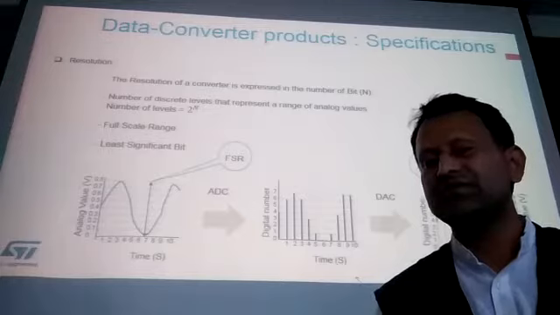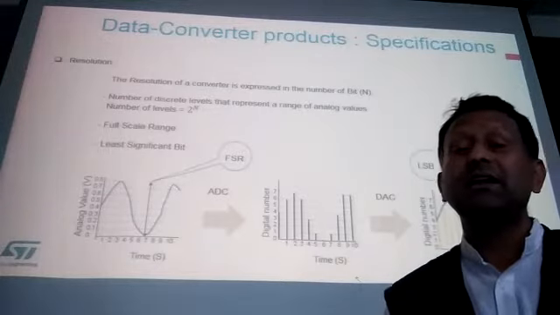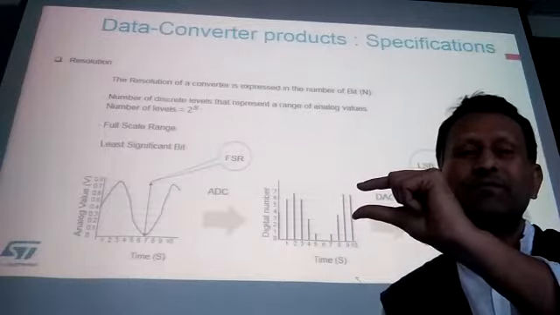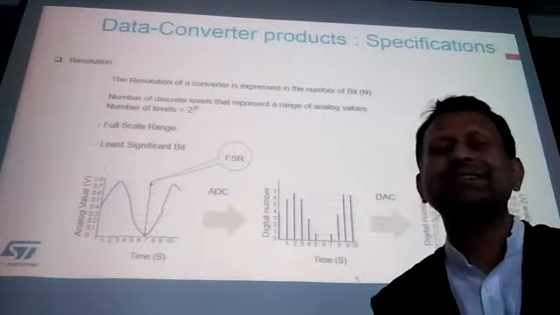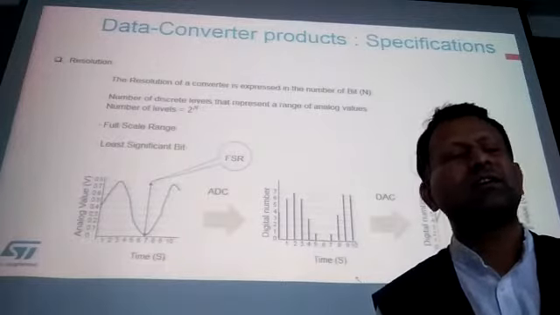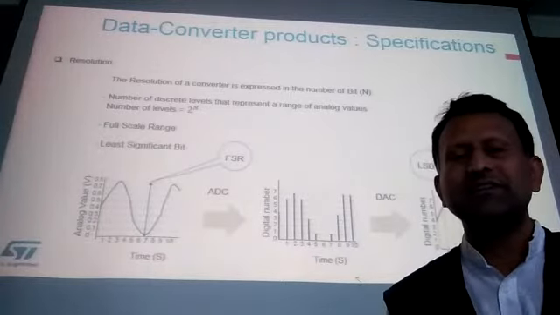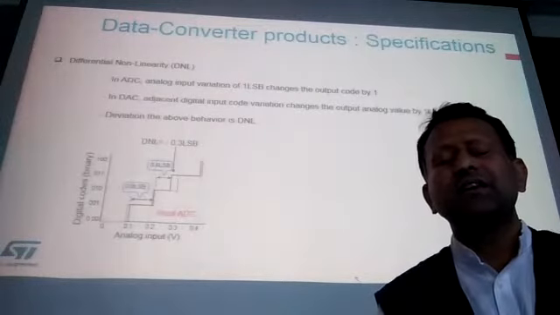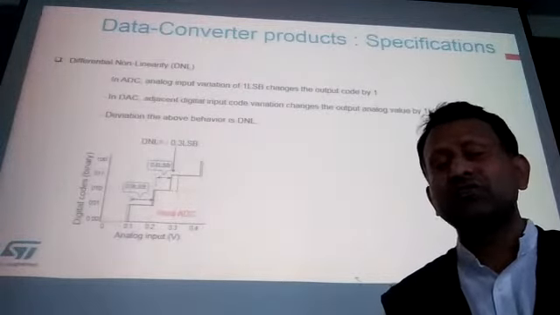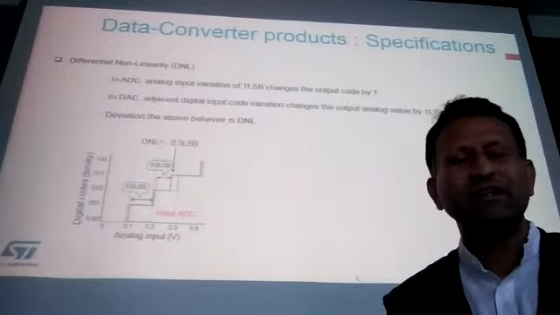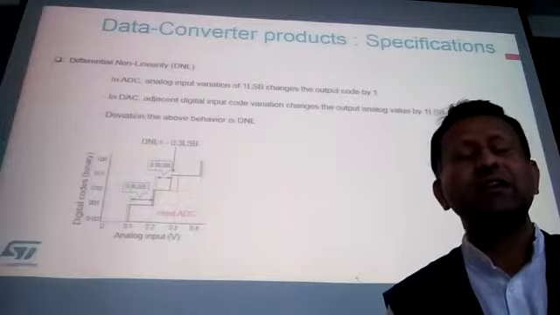So that maximum voltage, which decides the actual performance for the data converter, is called the full scale range, and the value of one unit is called the least significant bit, LSB. These are the terms which are defined in the literature, and we know them by these names.